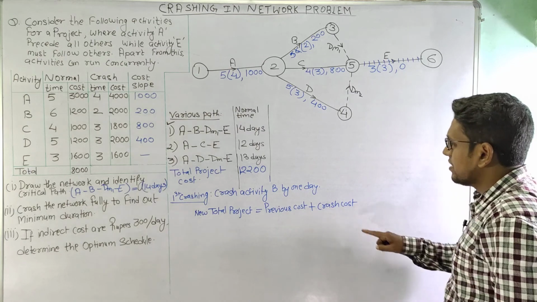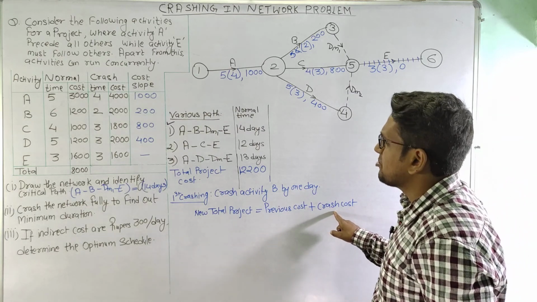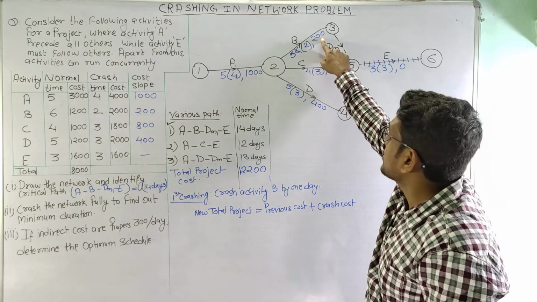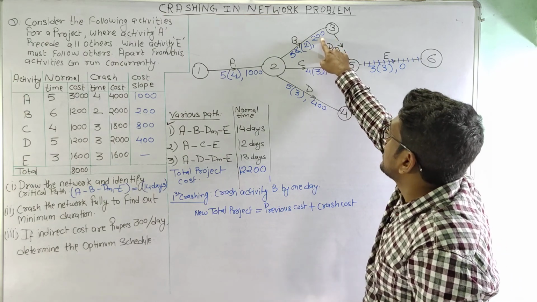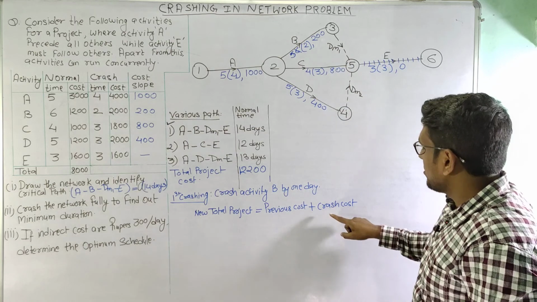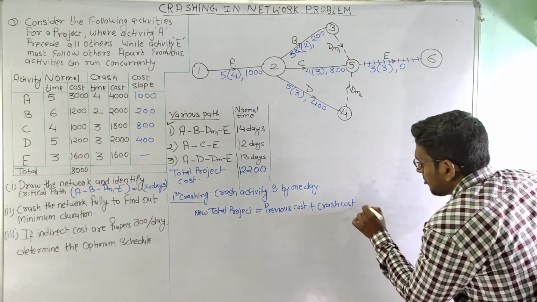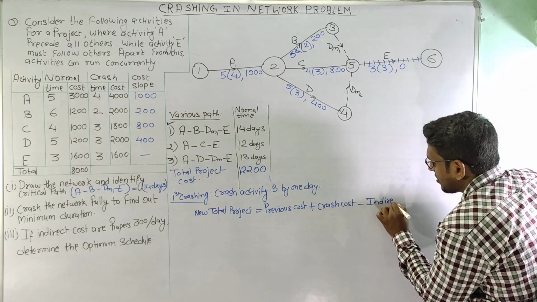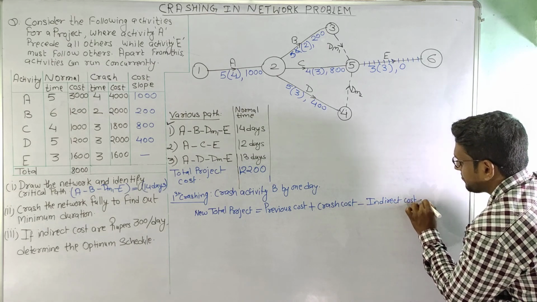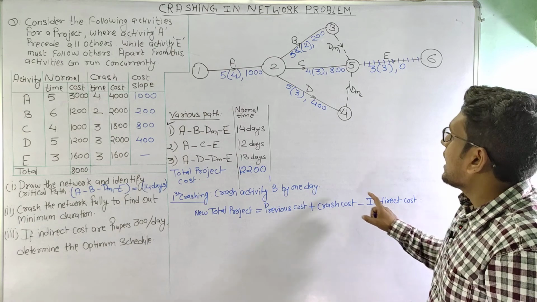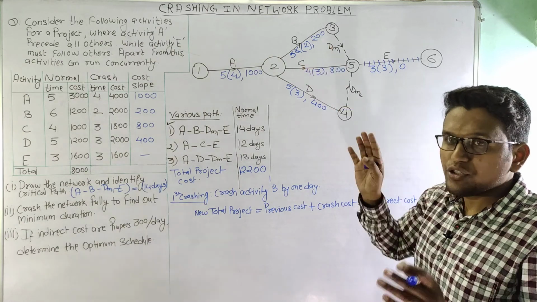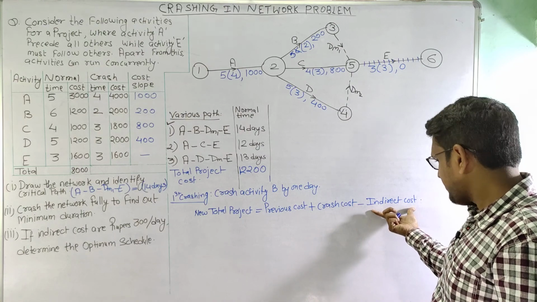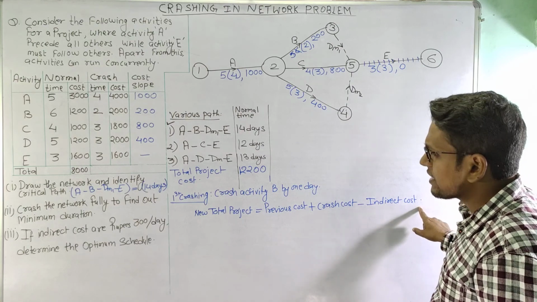We can see that this crash cost can be calculated from the slope here. So the slope is 200, and this activity is crashed for 1 day, so this will be 1 into 200, minus indirect cost. As we are crashing the activity, the duration of the activity will be reduced, and as per the duration the indirect cost is calculated.